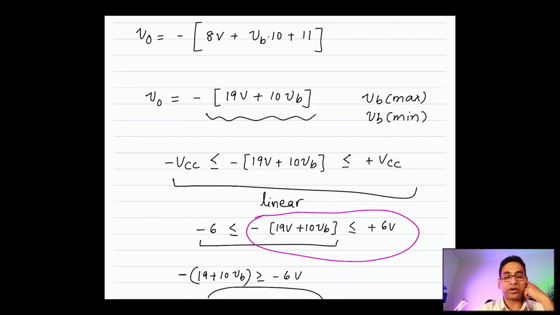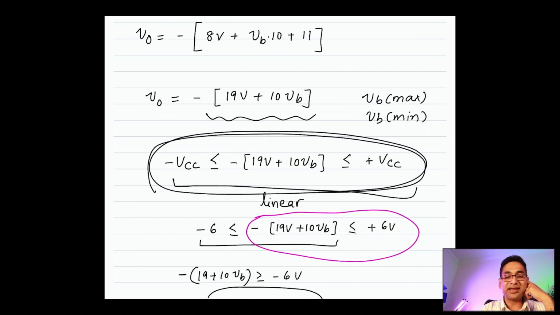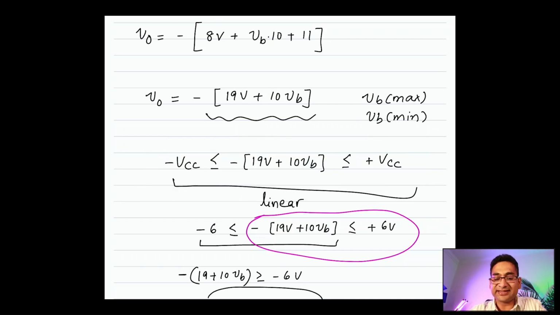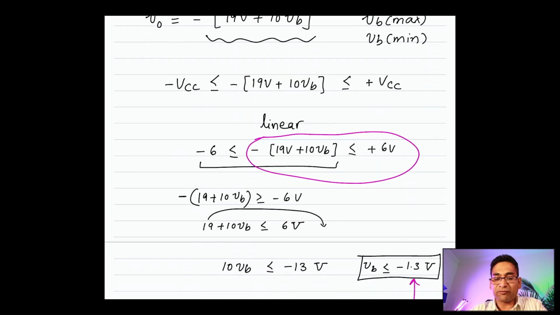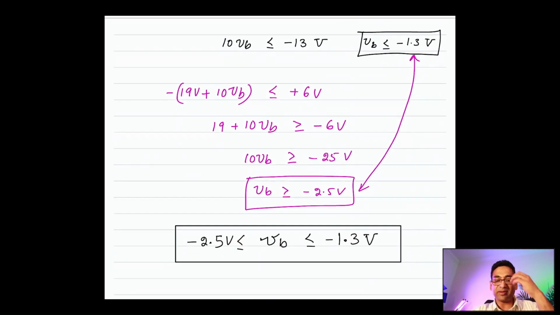Then all we want to do is make sure that the output expression lies between the positive VCC and negative VCC. Everybody with me? So that's the idea of finding the range for VB.